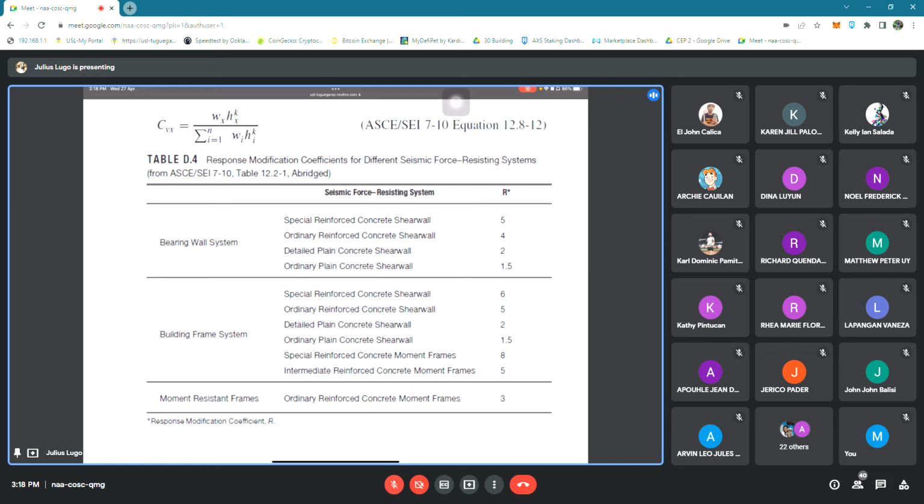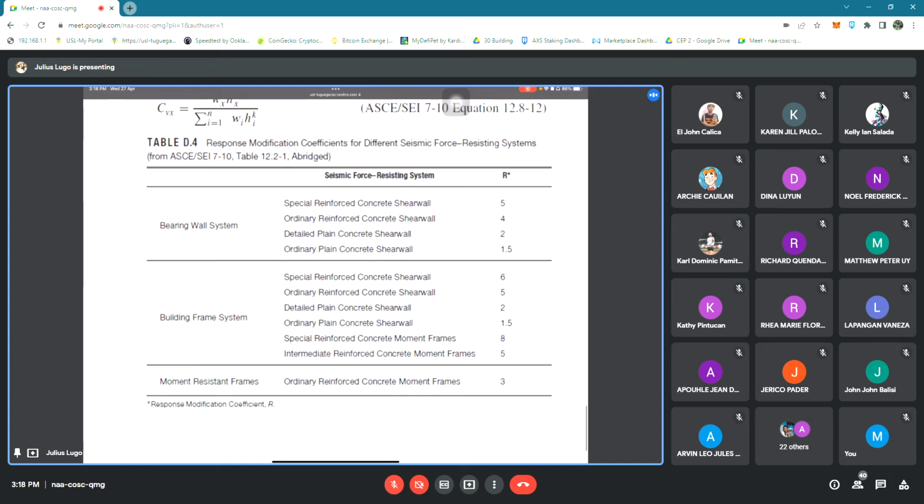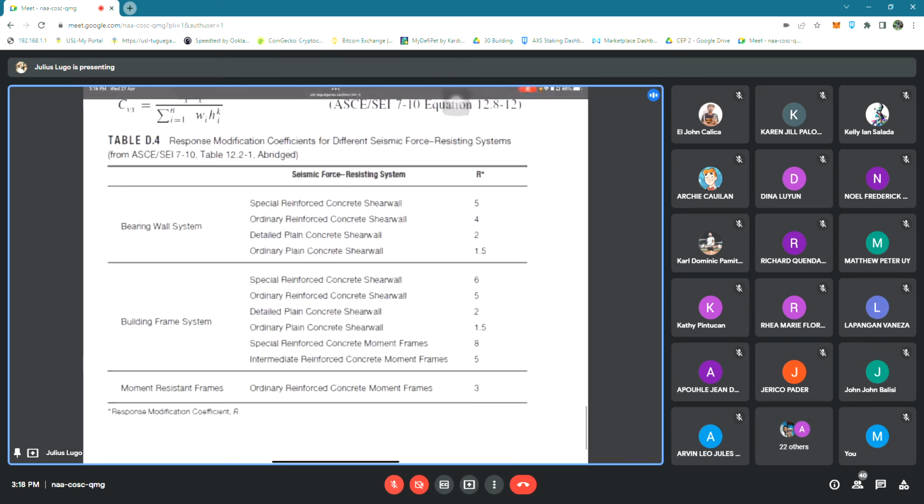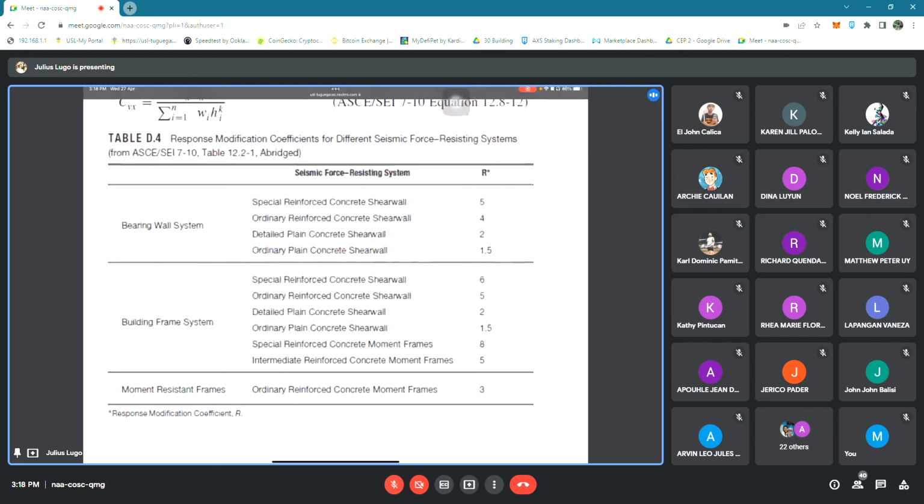These three have differences. Now, in the case of a hospital, where does it fall? Is it the bearing wall system, the building frame system, or the moment resisting frame? Another question is, if it falls in these three general types, what is its subtype? I'm going to give you a few minutes to think about it first, and then I'll get back to you.